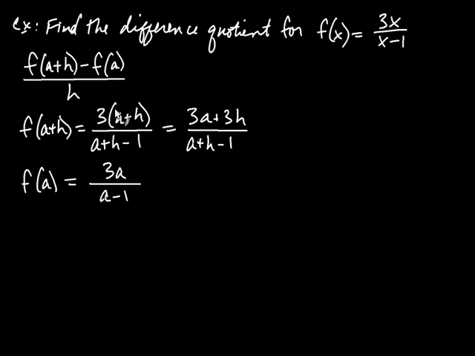Now it's time to create this difference quotient. It's going to be f of a plus h take away f of a, divided by h. We're going to need some room for this one, so let's write this on another sheet of paper.